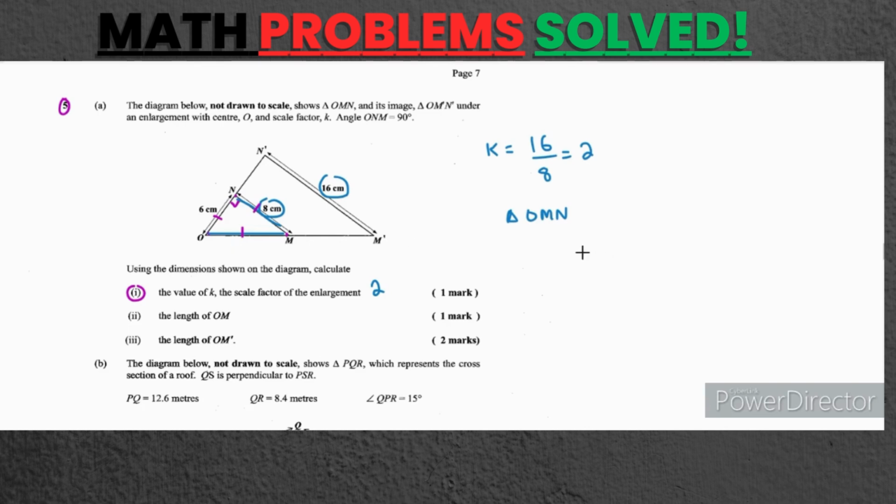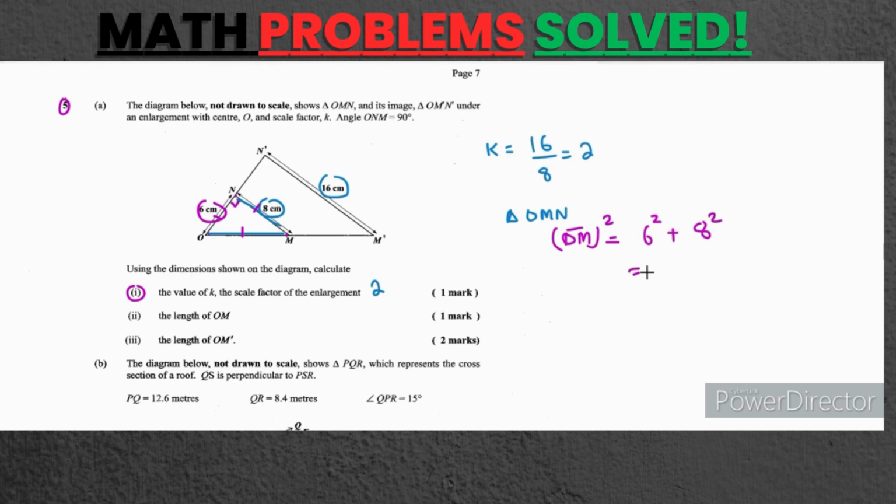The hypotenuse is unknown to us. We will represent it by OM, right? According to the Pythagorean theorem, the square of the hypotenuse is equal to the square of the adjacent, that is 6, and the square of the perpendicular, that is 8.